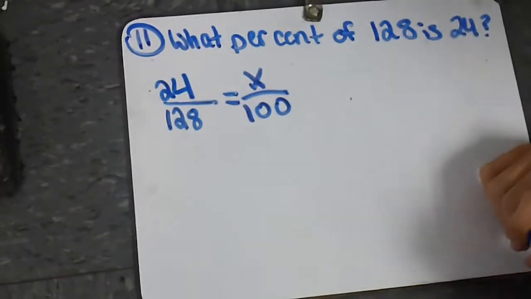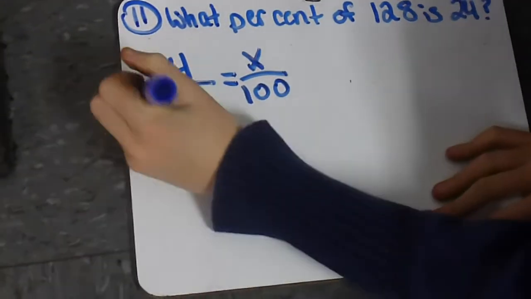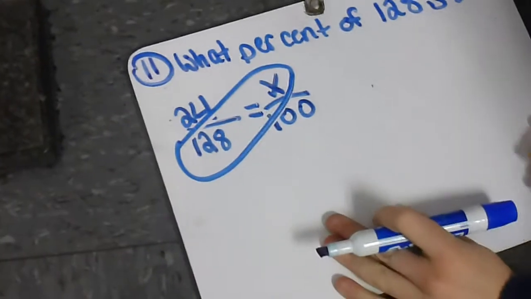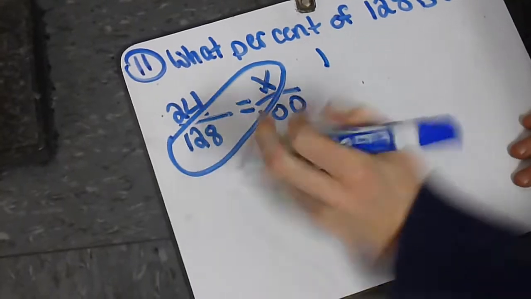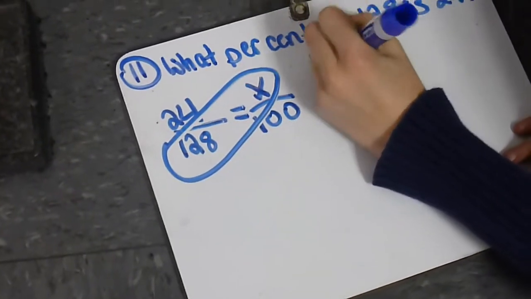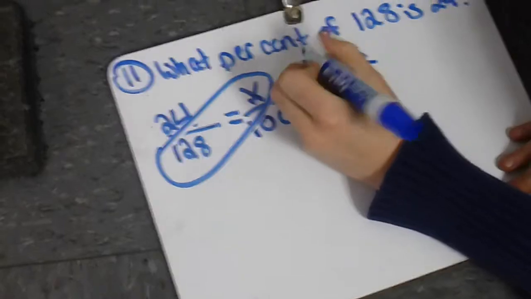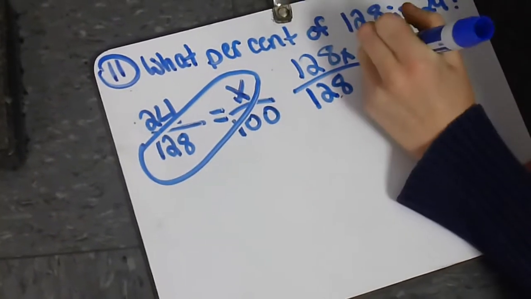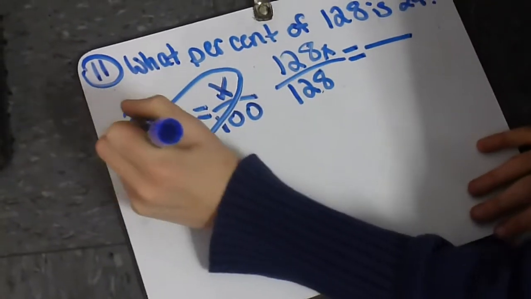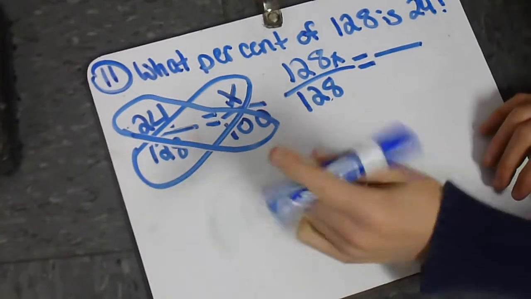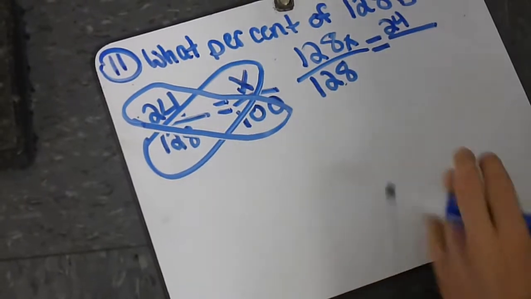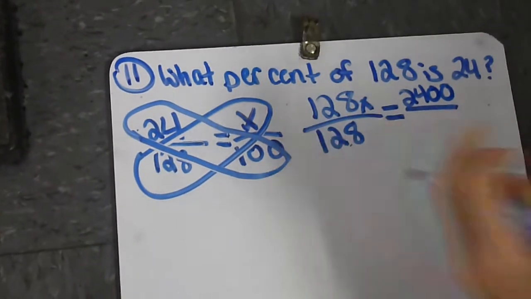You circle 128 and x and times 128 times x, which would be 128x, and then you would divide that by 128, and then you would circle 100 and do 100 times 24, which would be 2,400.